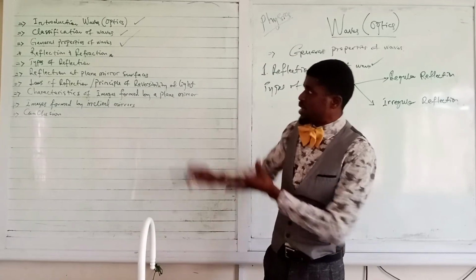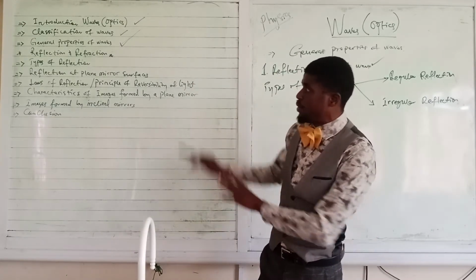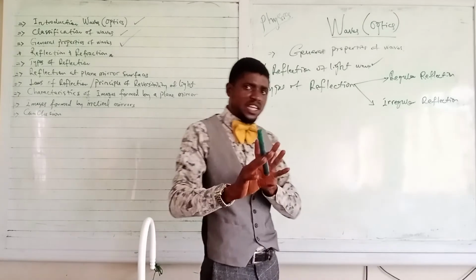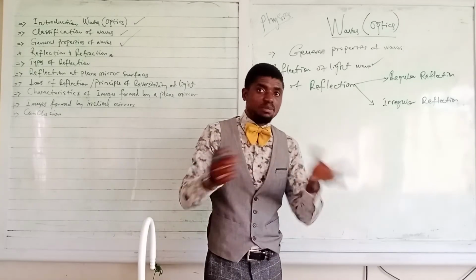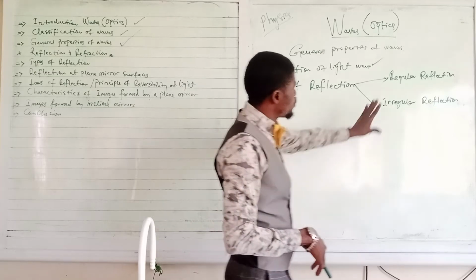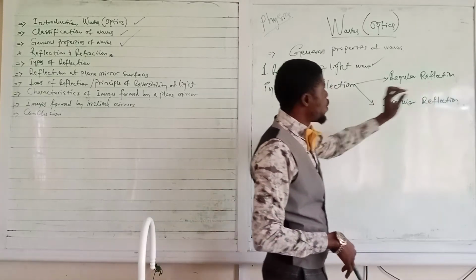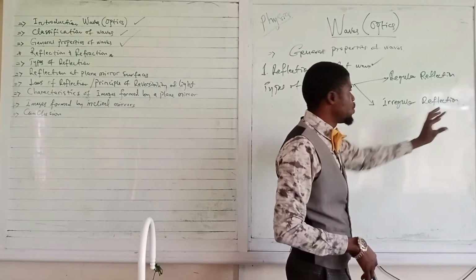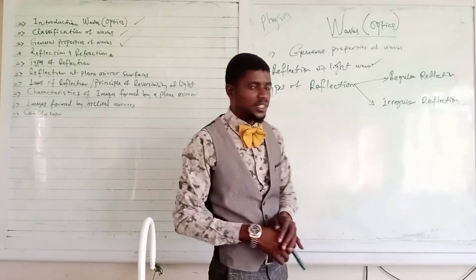Please, I want you to know that every item you see on the board here are simply areas where, if examiners want to ask you questions, they must touch. So please pay maximum attention. So we have the regular reflection or uniform reflection. We have the irregular reflection or scattered reflection.